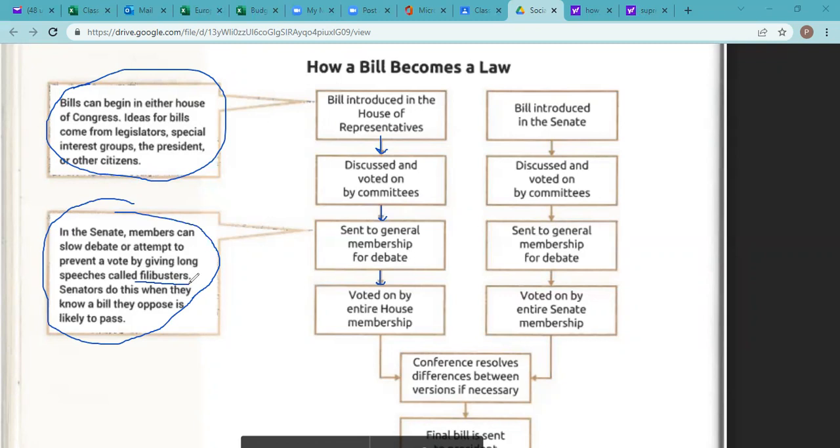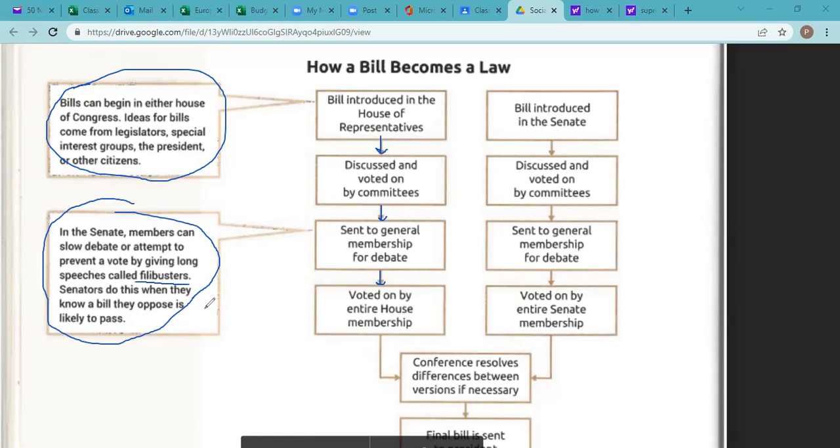So that is where the members can slow debate or attempt to prevent this vote from going through, by giving long speeches. Senators do this when they know a bill that they oppose is likely to pass. So they're trying to slow it down.